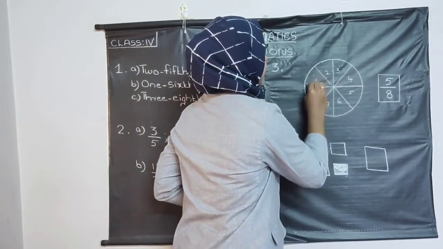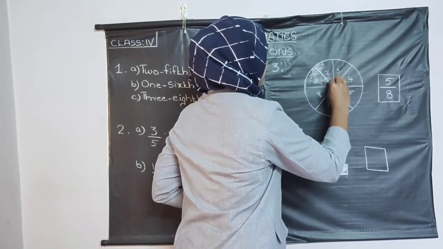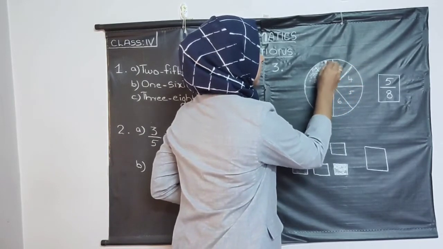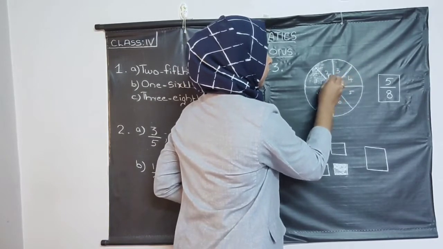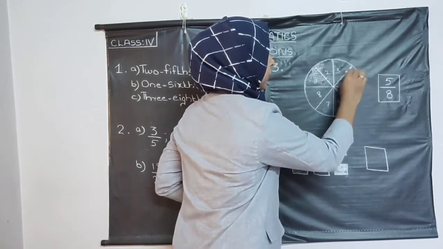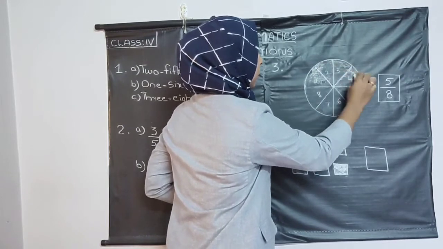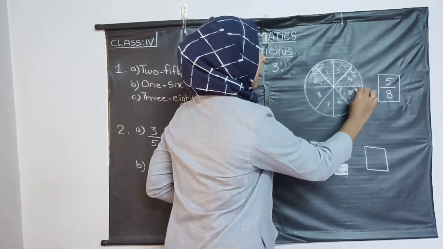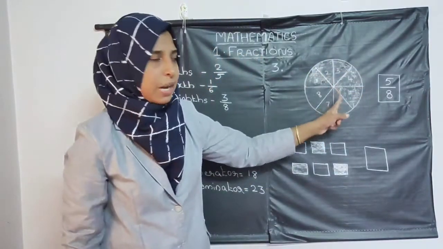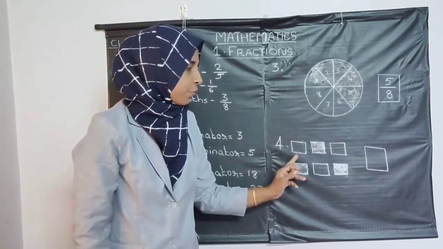Okay, children, so the first 5 I have shaded. So this represents 5 by 8. Okay, understood. Next one, fourth one.